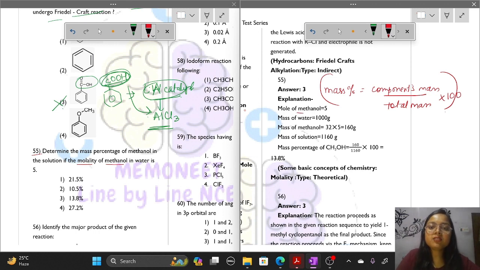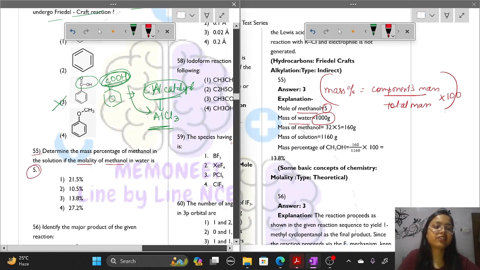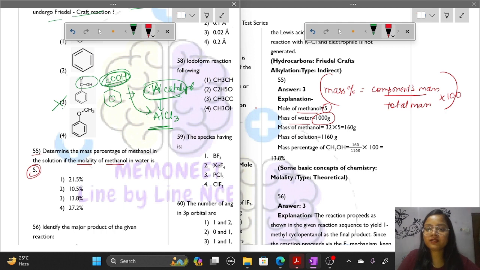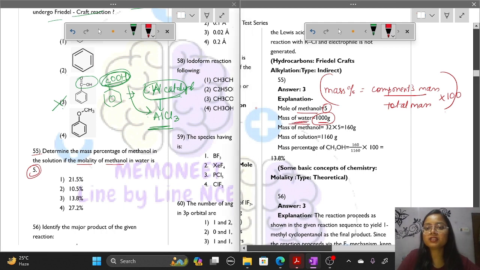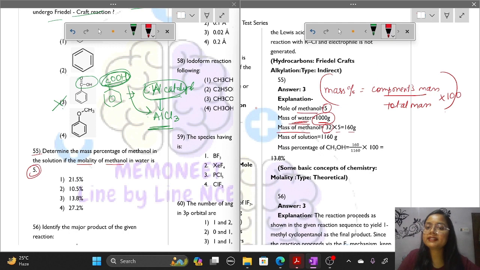So we know that the moles of methanol is 5. Okay, and the mass of water is 1000 gram. The moles of methanol is given in the question, it is 5, and we are calculating it per 1000 gram of water. Okay, so what will be the mass of methanol? It will be 32 into 5. 32 is the molecular weight, so it comes out to be 160 gram.